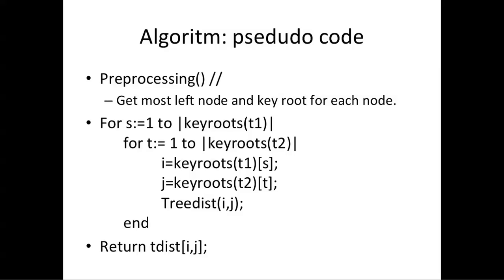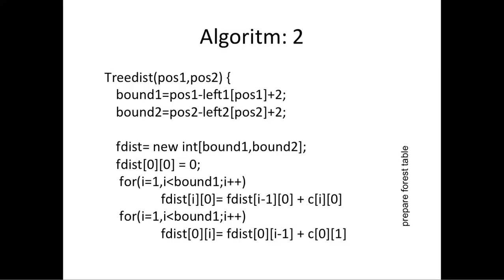So for each key root of the first tree and the second, for each pair of key roots in post order traversal, we calculate the tree edit distance. And to calculate the tree edit distance, we create a forest table, and to know how big it should be, we create these bounds.